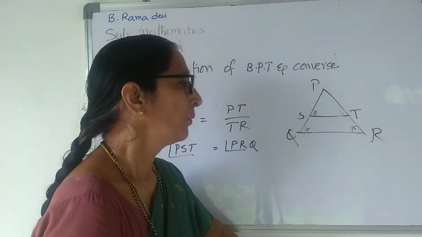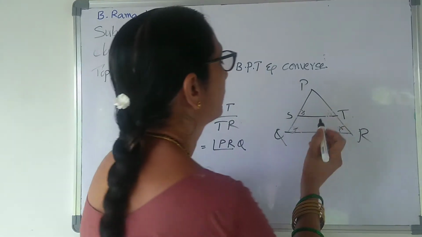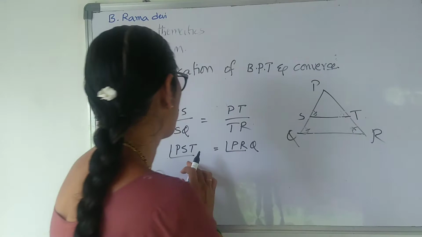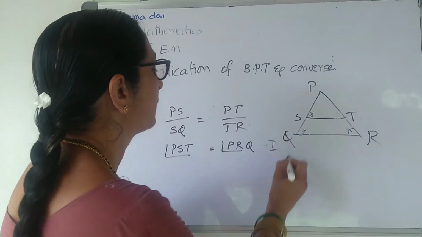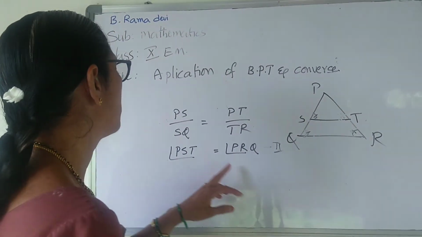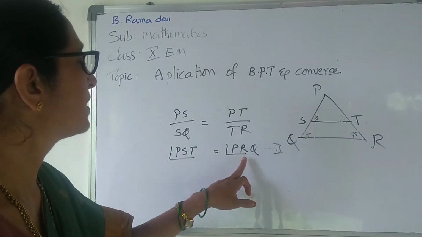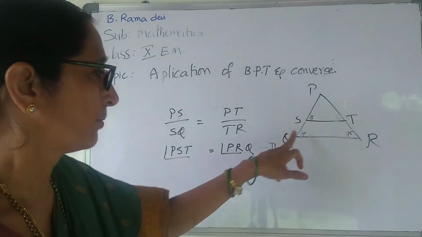The second point in the data is angle PST is equal to angle PRQ.